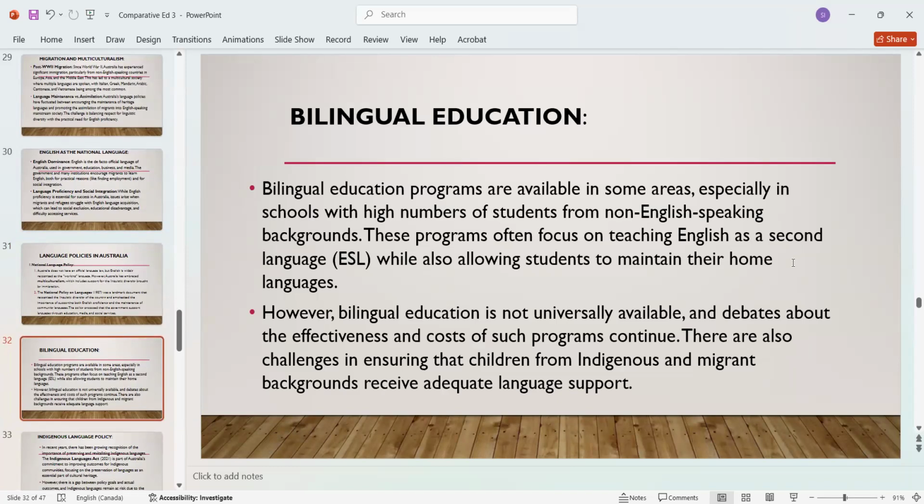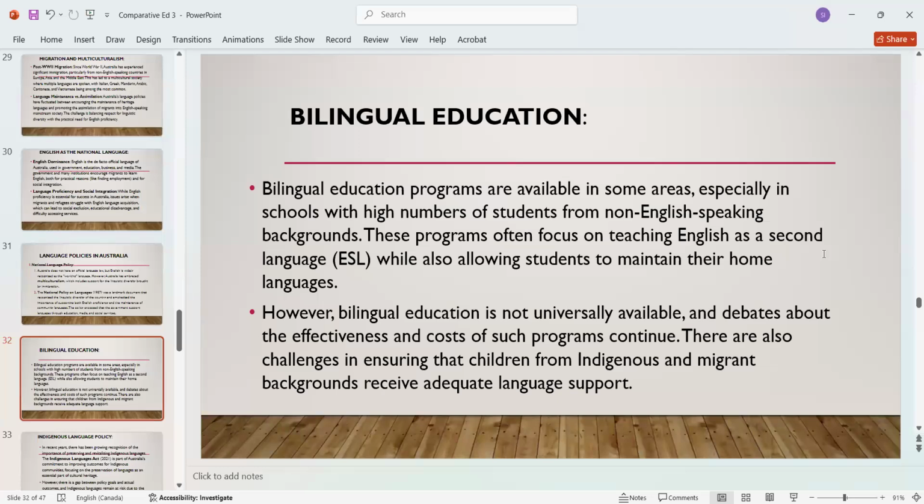So even in Australia, they had bilingual education programs available in some areas, especially in schools with a high number of students from non-English speaking backgrounds. These programs often focus on teaching English as a second language, while also allowing students to maintain their home language.